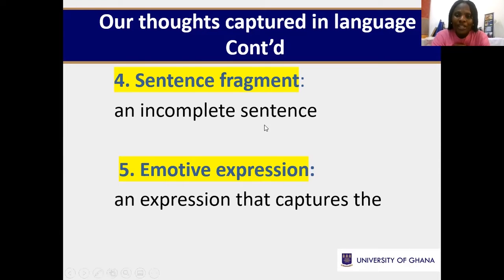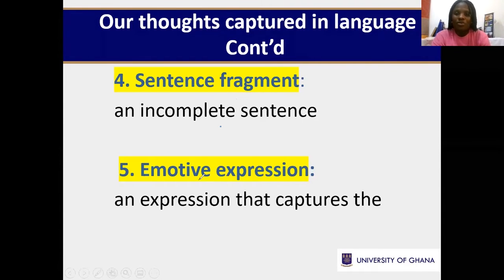But it is also complete. It's not incomplete. How do you label that? It is an expression of my feelings, how I feel. So, "What a virus." "Ooh, what a day." "I hate this." Such expressions capture the emotions of the speaker.